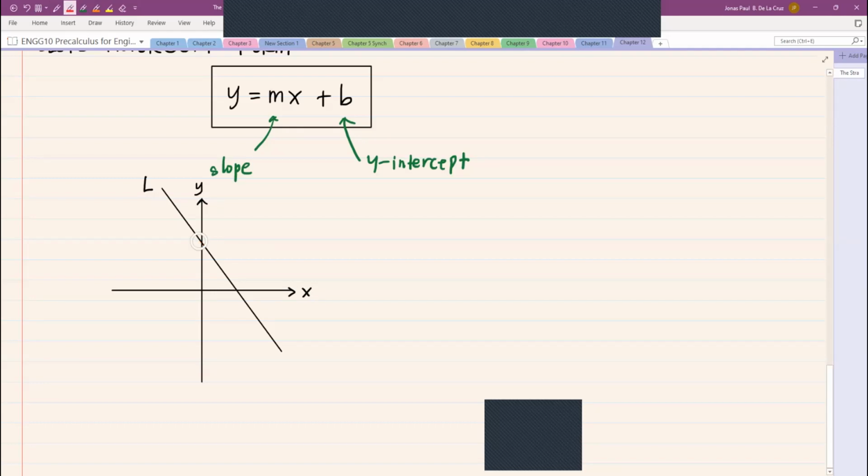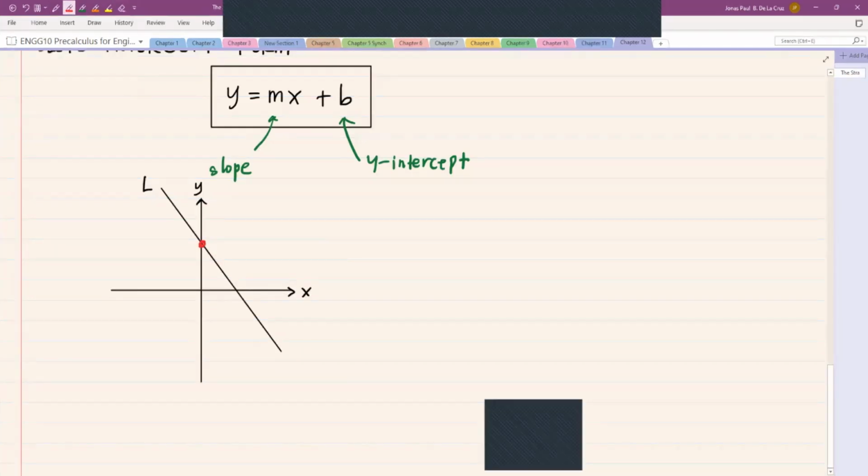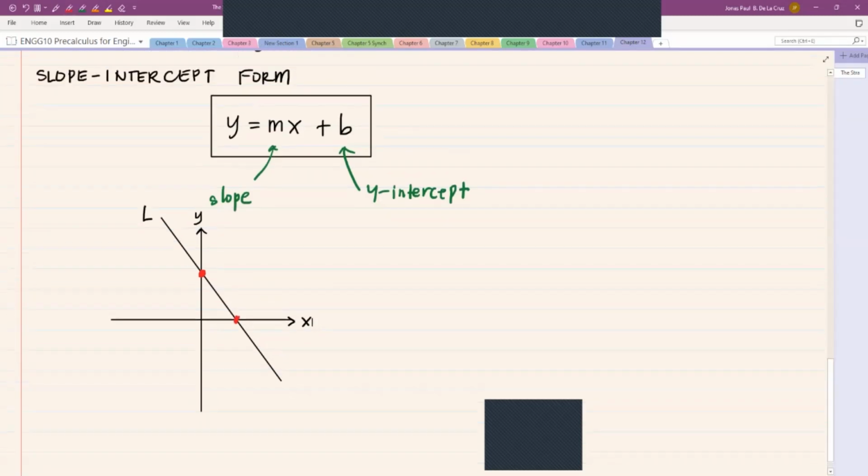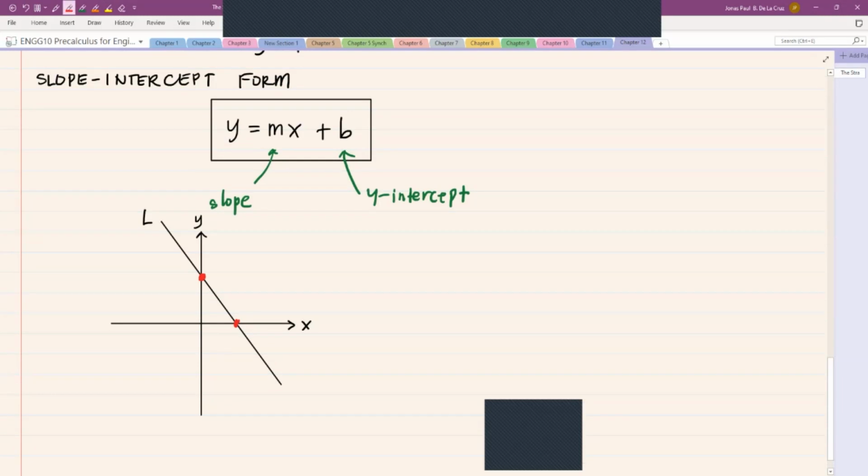So this is the y-intercept. Ito naman, syempre, the point where the line crosses the x-axis, yan naman yung x-intercept. Pero dito sa slope-intercept form, ang kailangan natin is the y-intercept. Okay? So b is actually the y-coordinate of this point. Kasi the coordinate of this point is 0 yung kanyang x and then some point b. Later on, dito sa x-intercept, ang x-coordinate naman nito, symbol natin ay a.